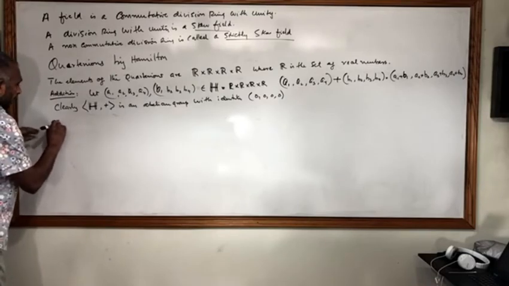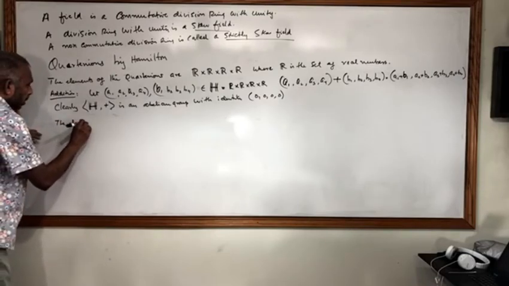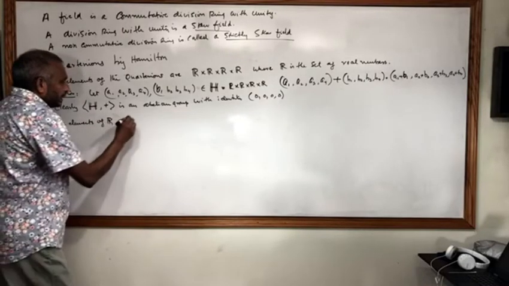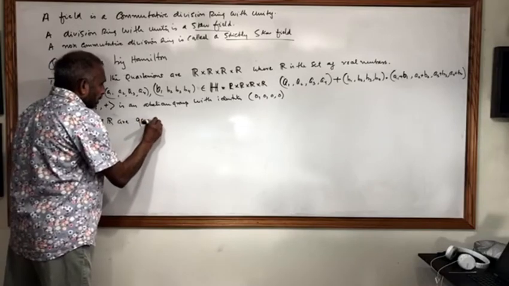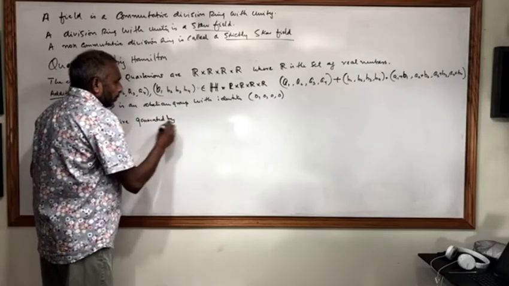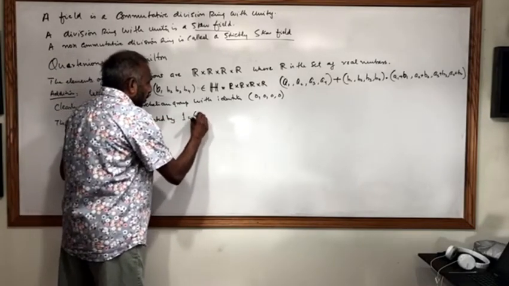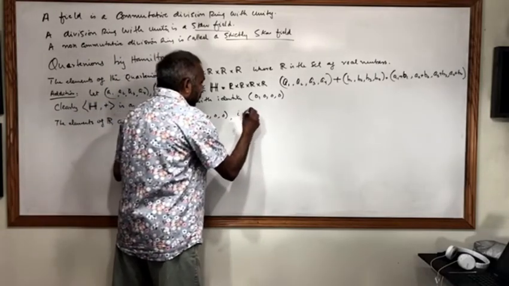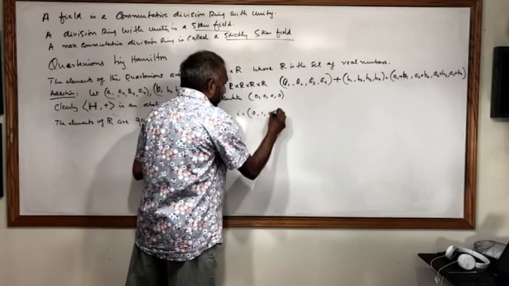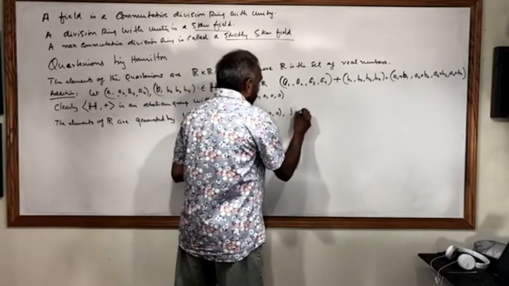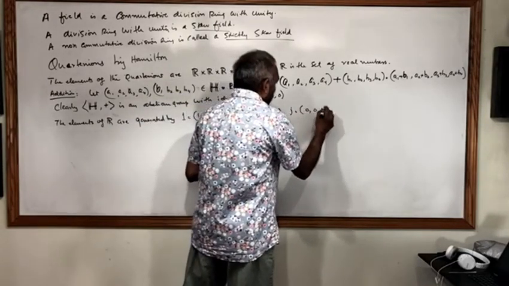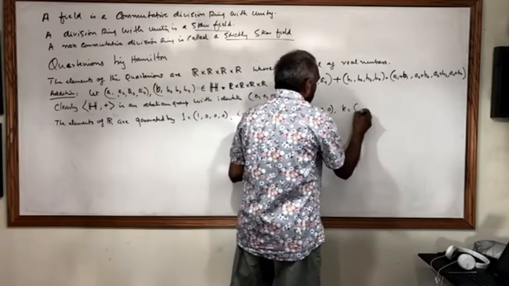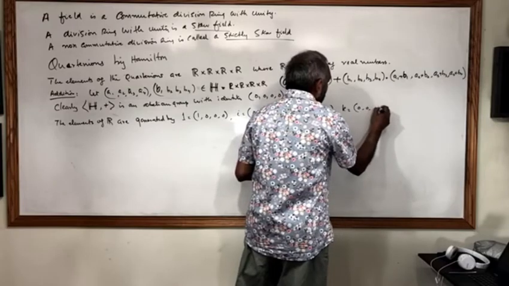The elements of H are generated by 1 equals (1, 0, 0, 0), i is equal to (0, 1, 0, 0), j is equal to (0, 0, 1, 0), and k is equal to (0, 0, 0, 1).